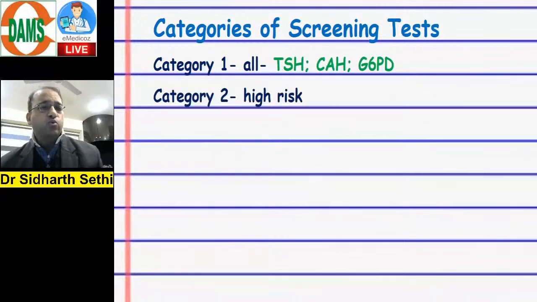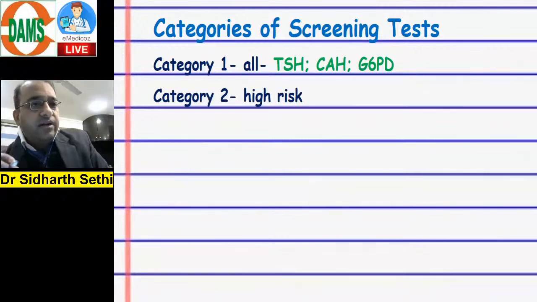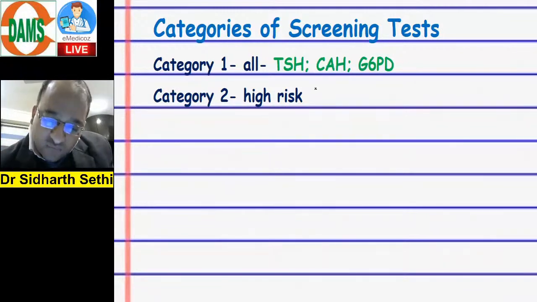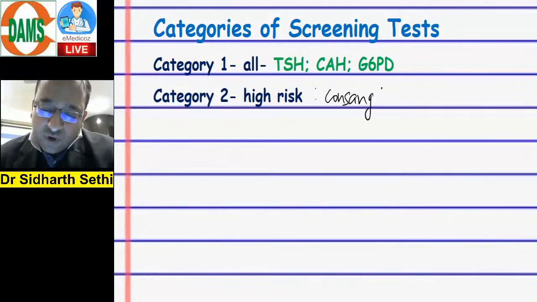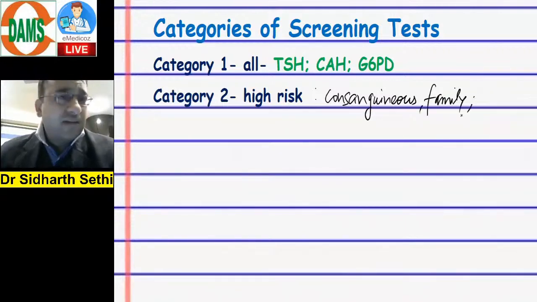Now, category 2 tests are only done in high risk patients. For example, someone has a consanguineous marriage, or a family history of a recurrent, lethal disorder in the family. Even Ashkenazi Jews.